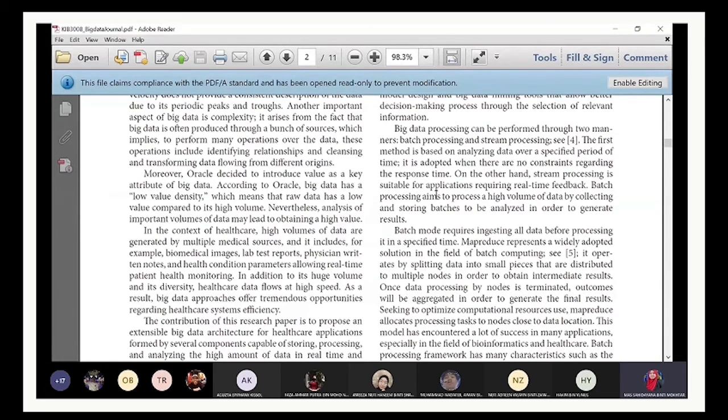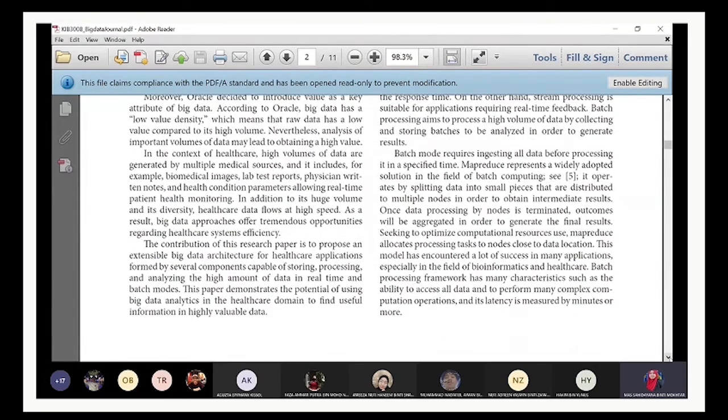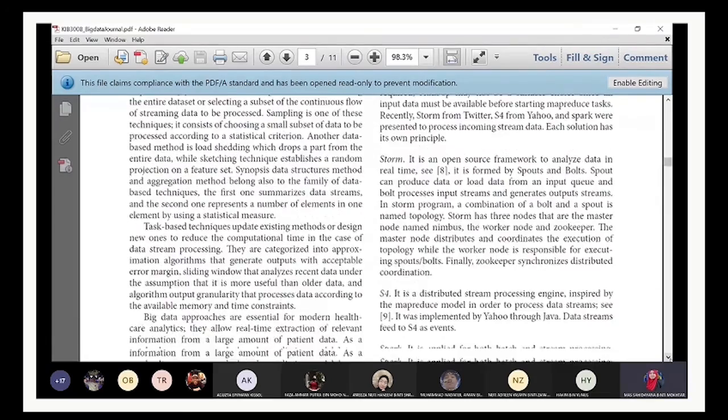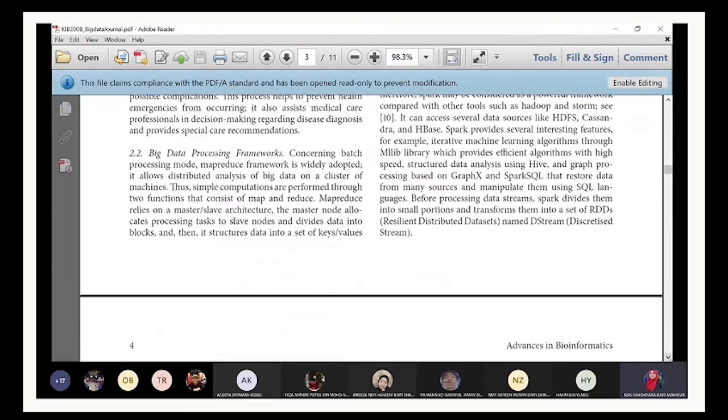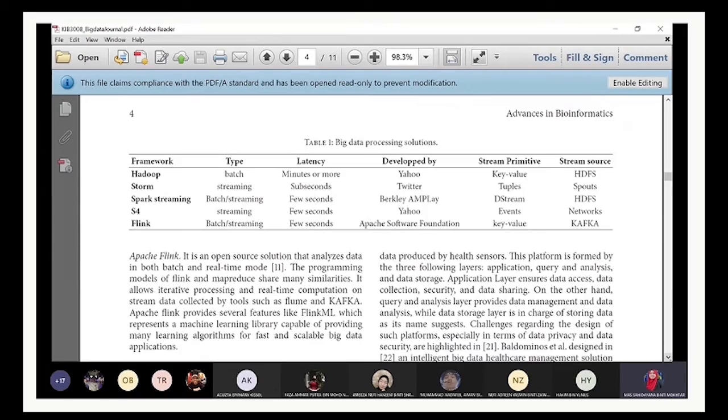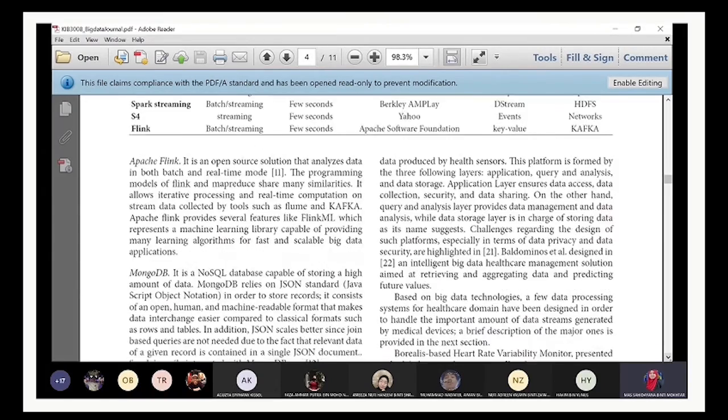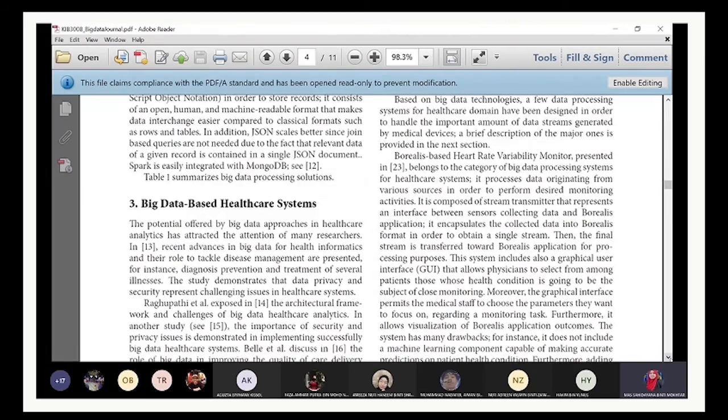It is like Google, if you type a certain keyword, it gives you a certain suggestion. That is real time, so it has to be stream processing. In our case, this is all the software available for big data processing frameworks. That's not our job, but at least we have to understand what it is for the healthcare system.